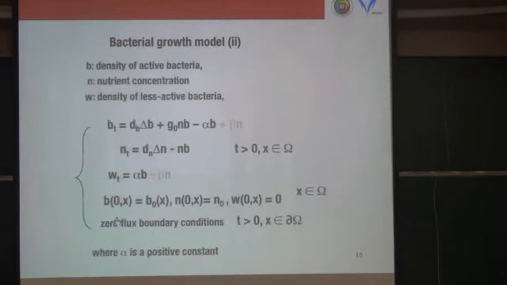Okay, then the system is the following. So this is the same one, and this minus alpha B means that B is bacteria. This is converted to W, so this is plus. Okay. Also, we may assume that W converts to B like this.